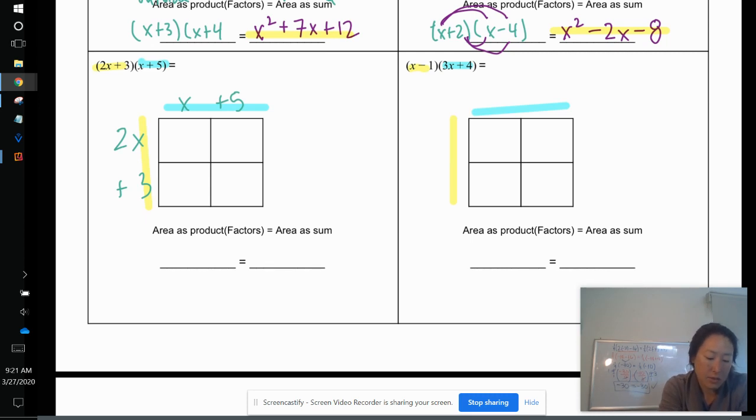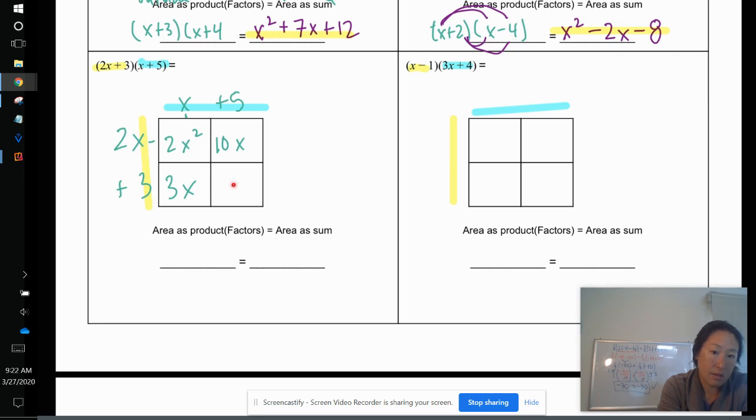I multiplied 2x times x, which gives me 2x squared. Then I multiply 2x times 5, which is 10x. The lower corner, I'm going to multiply x times 3, which gives me 3x.